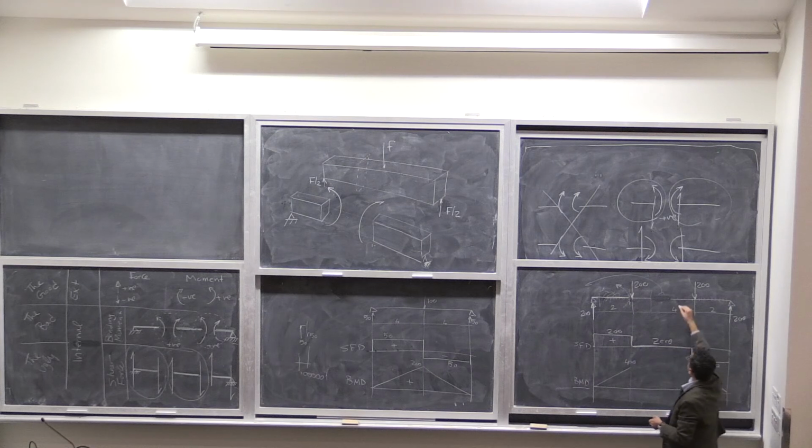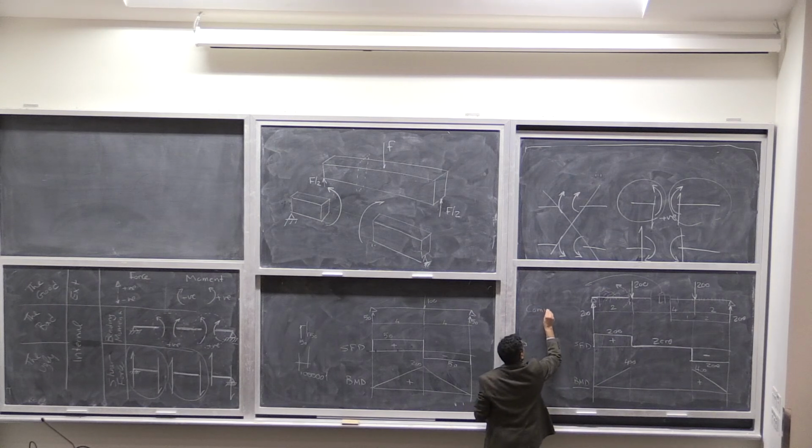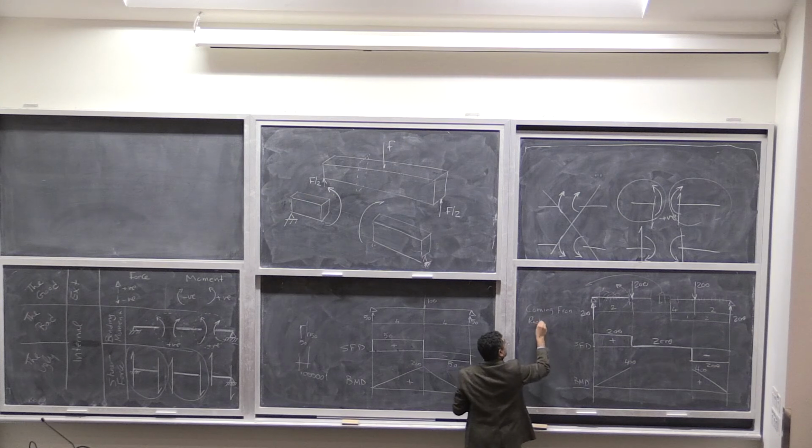And the bending moment anywhere here, when you calculate it, let's do this. Let's see at 3 meters, which is from here, 2 and 1. The bending moment here, coming from the right, it's 200 multiplied by 3.